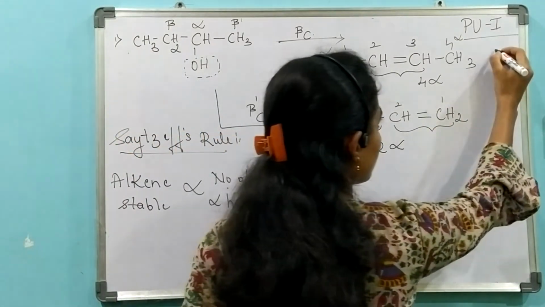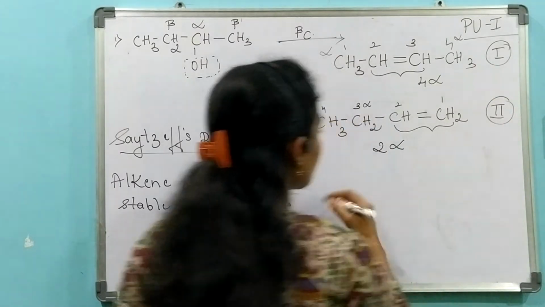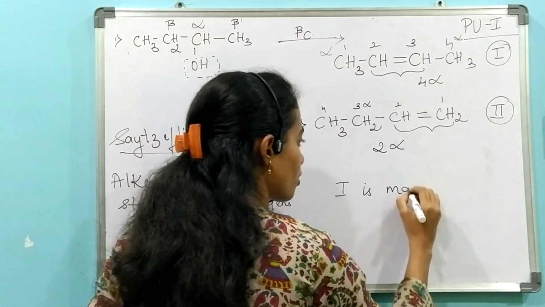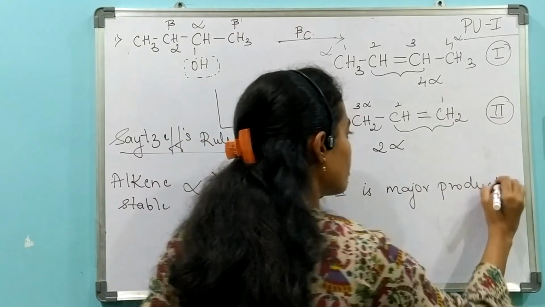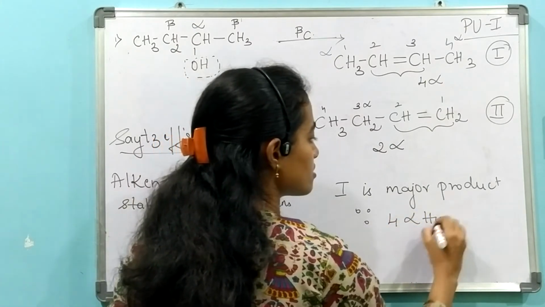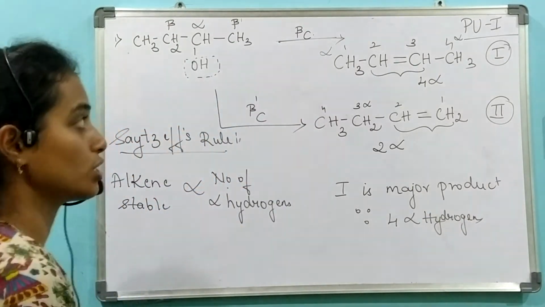So I can easily decide, if this is product number 1 and this is product number 2, product number 1 is the major product. It is the major product because I have more alpha hydrogens in this product. So it is major here.